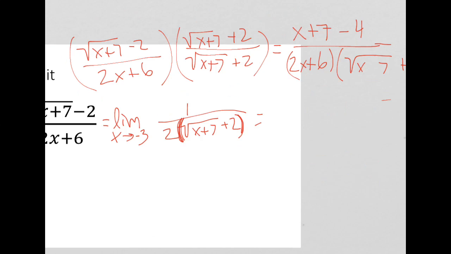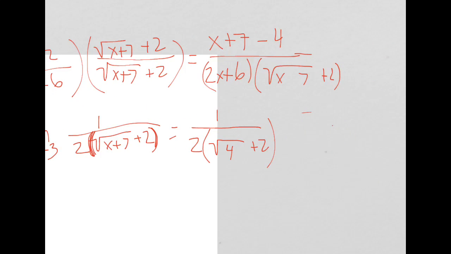So now that we're here, I can directly substitute in to get 1 over 2 times the square root of, my x value is negative 3, negative 3 plus 7 is 4, plus 2. Simplify this thing further. 1 over 2 times square root of 4 is 2, plus 2 is 4, so I get 1/8.